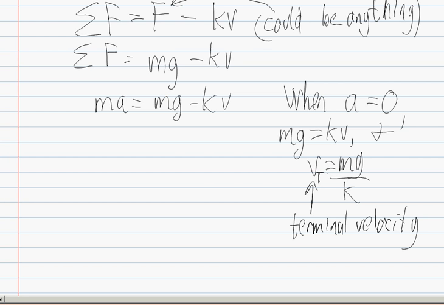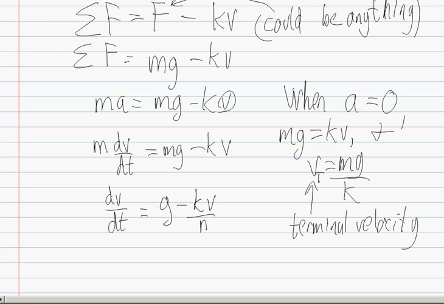And now we've got to start separating things out. First, we're going to move stuff around. We have this thing here that is kind of goofy. Remember we said that we want it in terms of velocity, so we're going to make this dv over dt equals mg minus kv. We're going to divide all the terms by m, so we get dv/dt equals g minus kv over m.